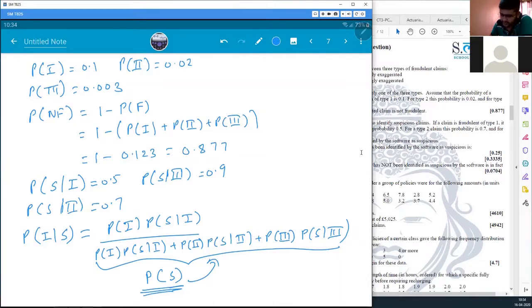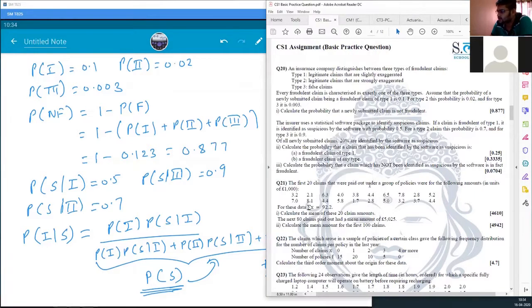But in actuality, we are missing one more term: the probability of not being fraudulent into the probability of suspicious given not being fraudulent. There will be some cases that are suspicious and still not fraudulent. That is why it is called suspicious. It is not called directly fraudulent.